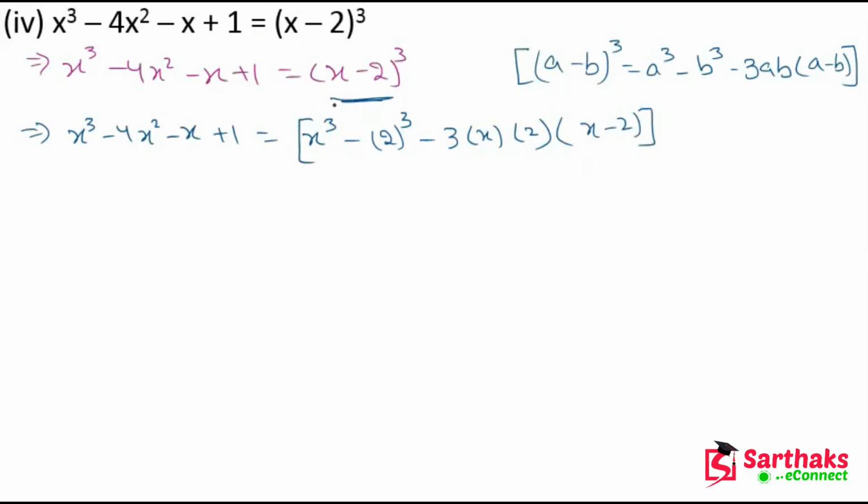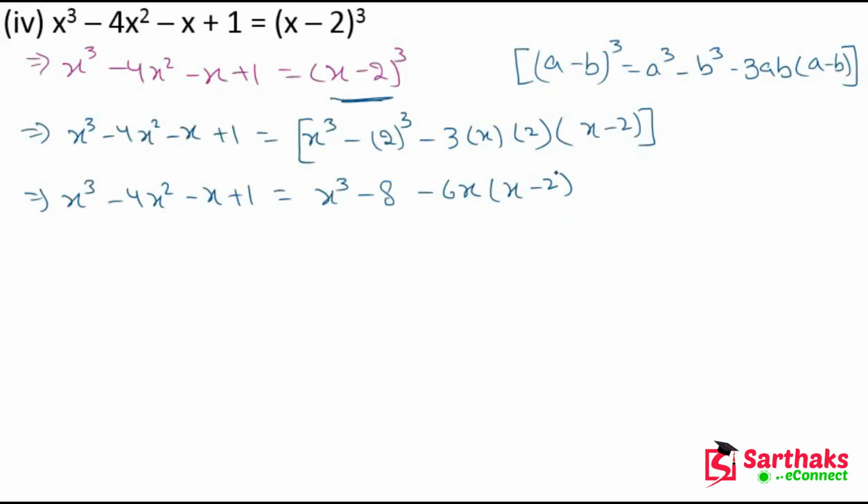So this will become x cube minus 4x square minus x plus 1, which is equal to x cube minus 8 minus 6x into (x minus 2).